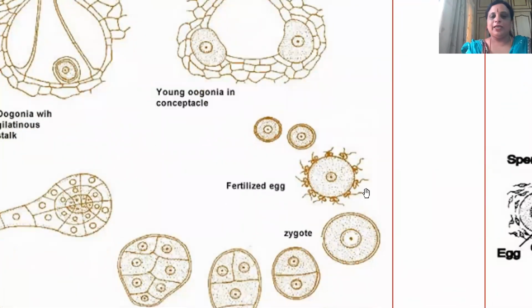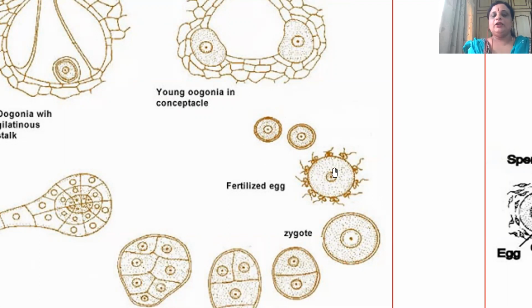These anthrozoids attach onto the wall of this oogonium. They attach in such a way that the anterior flagella, that is the tinsel kind of flagella, attach onto the wall of the oogonium, and the whiplash kind of flagella swim in the current of water. That is also a characteristic feature of this group of organisms.